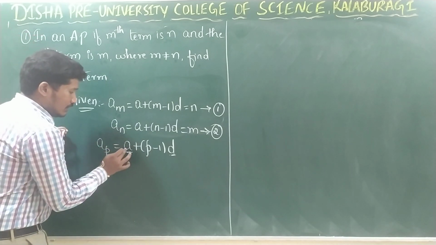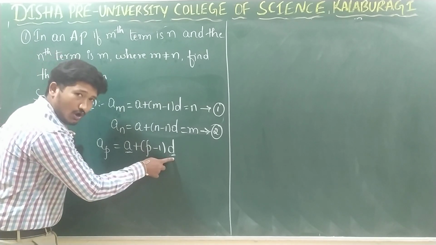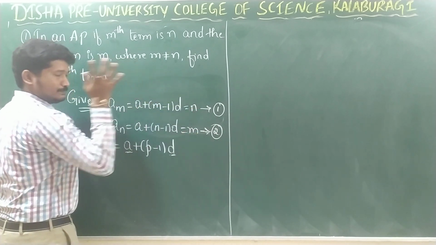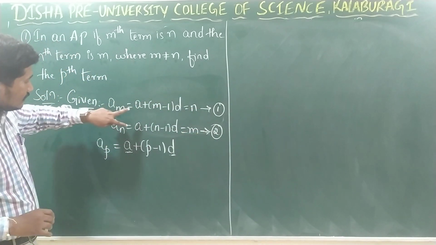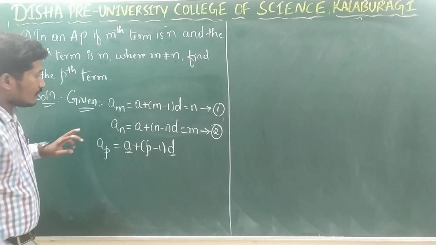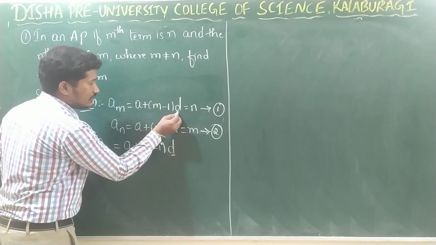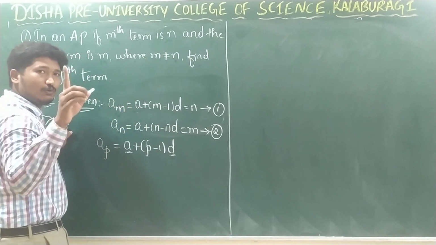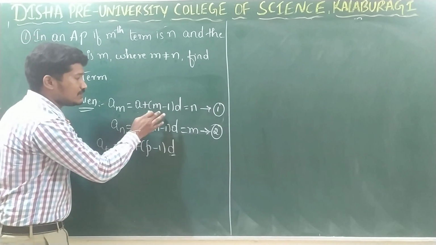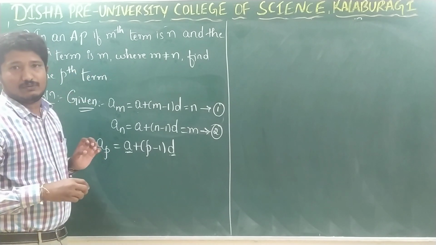So to find these, that is the first term as well as the common difference, we will use equations 1 and 2. See here. When I use these two equations and when I eliminate any one of these, that is either d or a, I will be getting one value. And the obtained value, if I substitute in any one of the equations, I will be getting the other value.